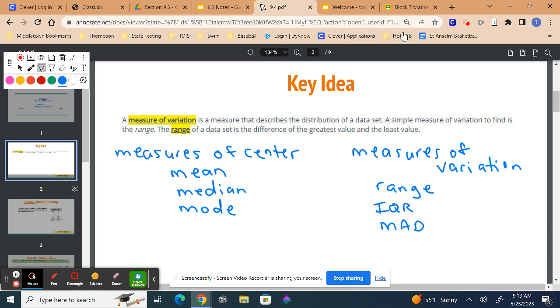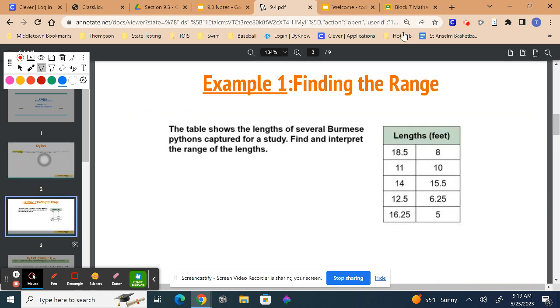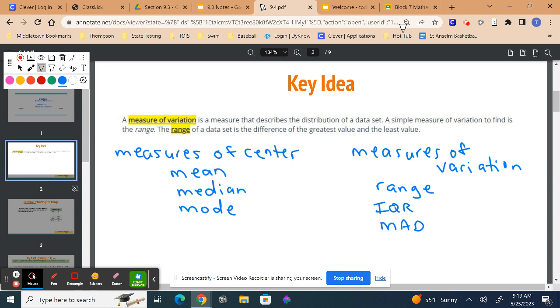Let me go back up. It says the range of a data set is the difference. What does difference mean? Subtraction. You're subtracting the least value from the greatest value.